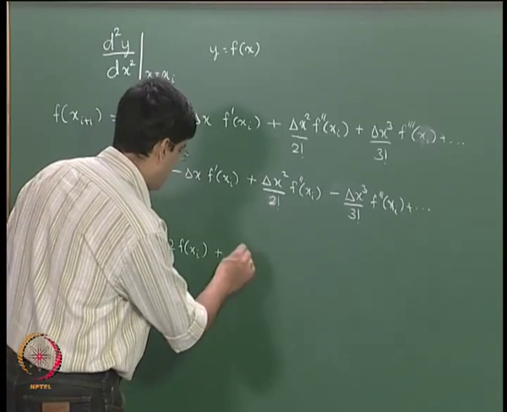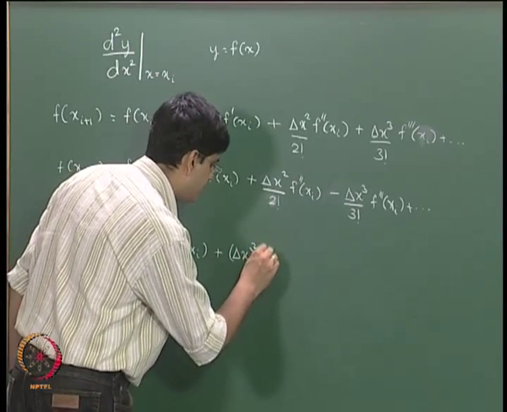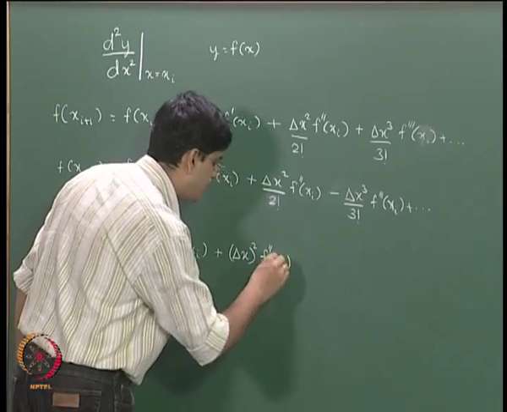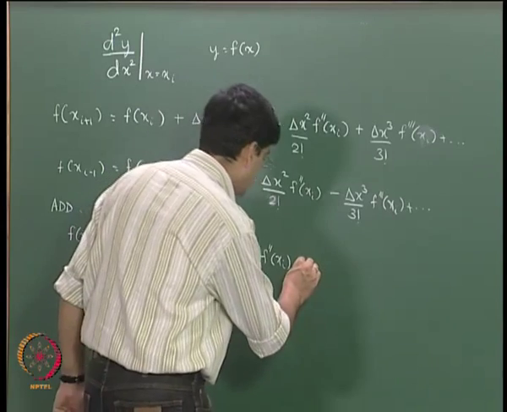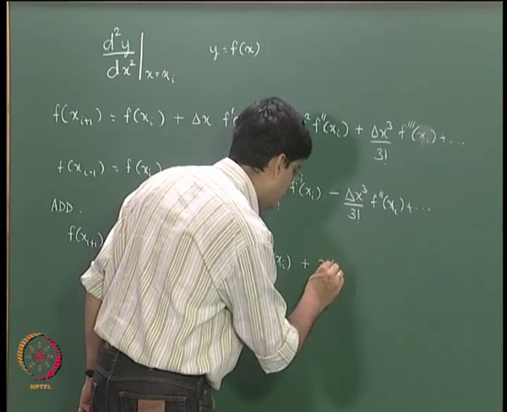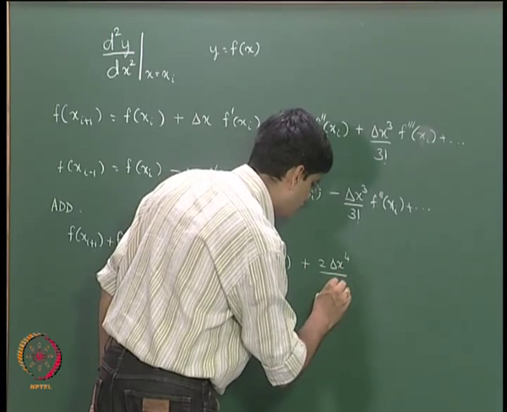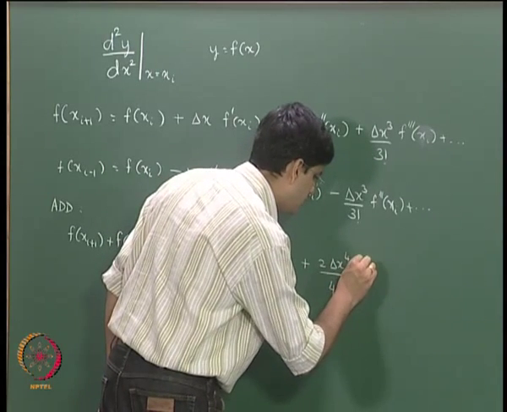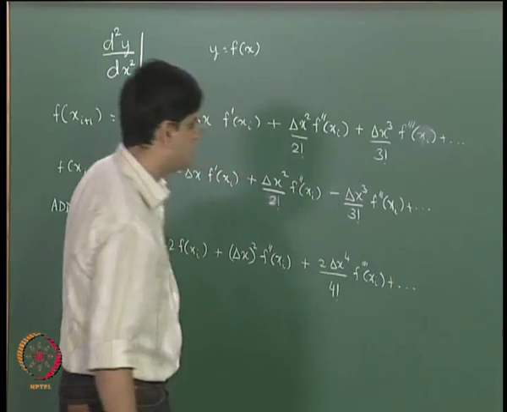So we will have plus delta x squared f double dash of xi. This term and this term will get cancelled, and the leading term that will remain is 2 times delta x to the power 4 divided by 4 factorial f 4 dash of xi plus dot dot dot.